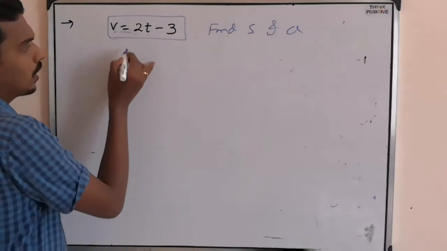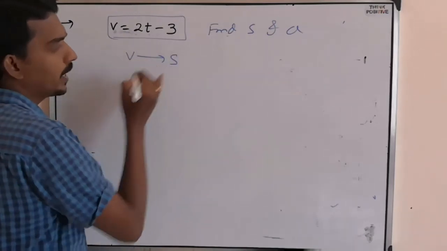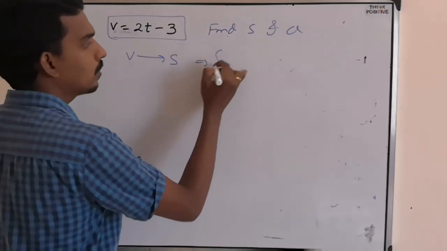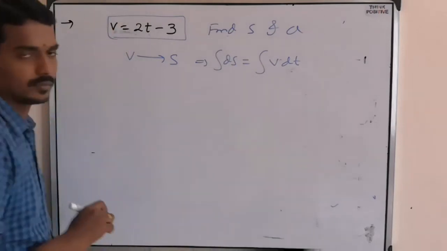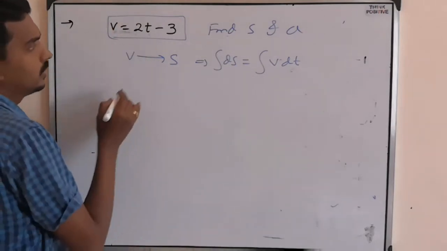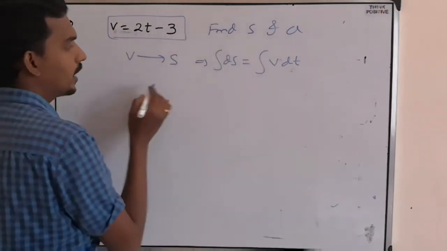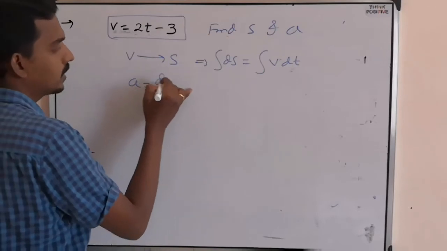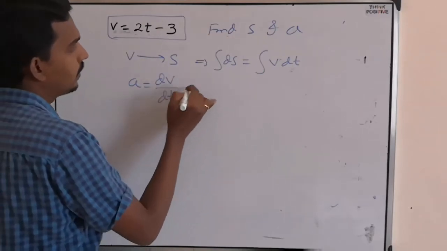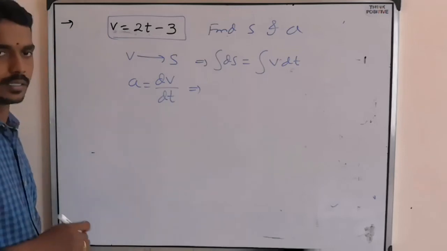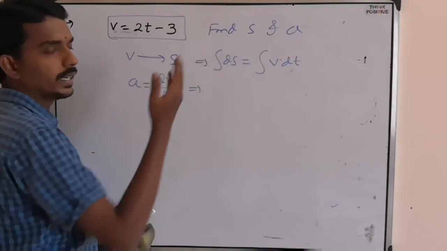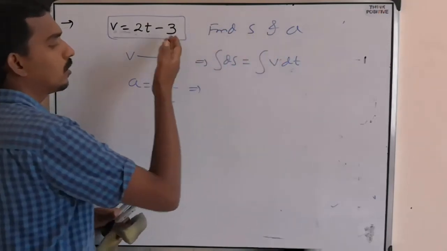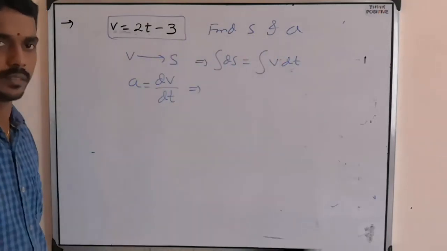So now from velocity, if you want to find displacement, then the formula is integration of v dt. And from velocity, if you want to find acceleration, it will become dv by dt, differentiation. So to find one quantity you need integration, to find another quantity you need differentiation.